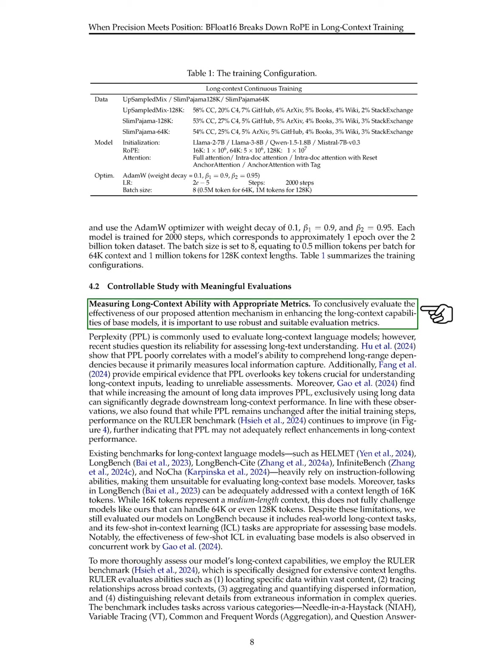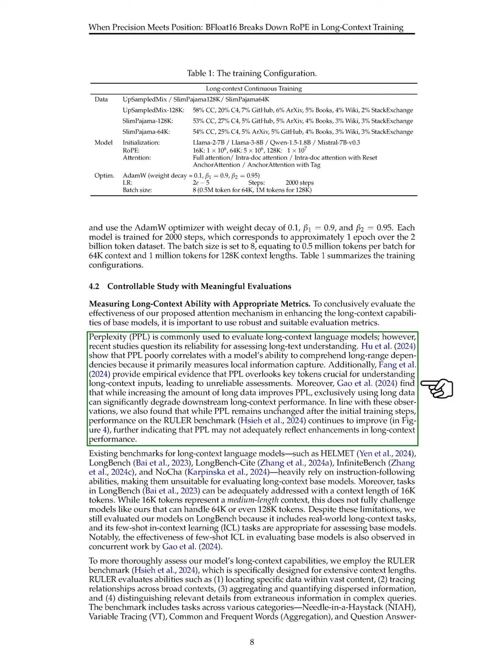To effectively evaluate our proposed attention mechanism's impact on long context capabilities, we emphasize the need for robust evaluation metrics. While perplexity, PPL, is commonly used, recent studies suggest it may not reliably assess long text understanding. PPL tends to focus on local information, which can overlook important tokens necessary for understanding long context inputs.